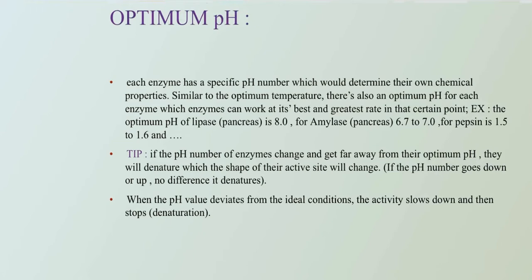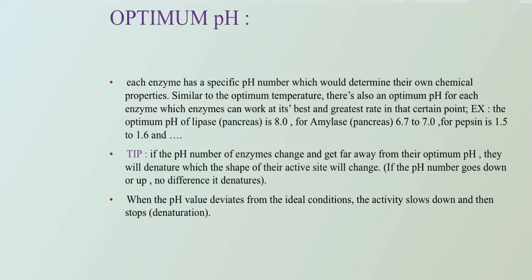And there is also a tip here: if the pH of enzymes changes and gets far away from each enzyme's optimum pH, they will become denatured, and the shape of their active site will change, similar to the optimum temperature.